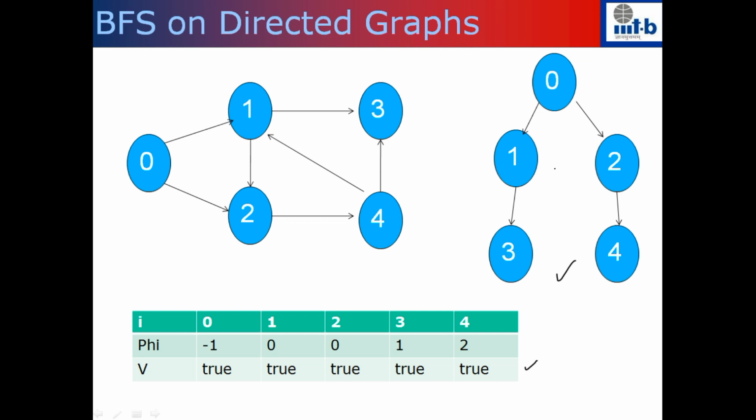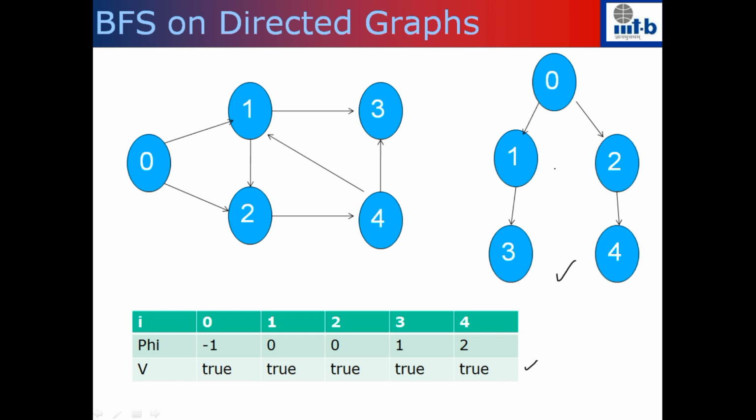So now at any point of time you consider the vertices in level i and look at the outgoing edges and collect all the adjacent vertices which have not been visited already, right? So if there is a vertex which is already visited, we are not going to consider that.